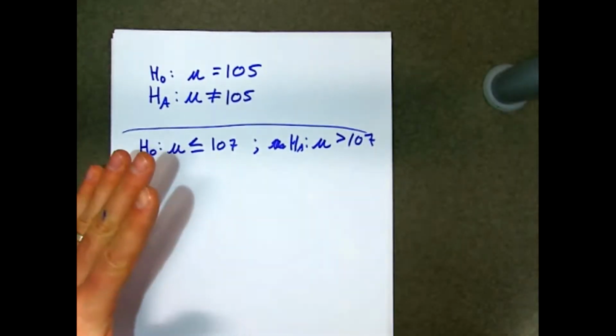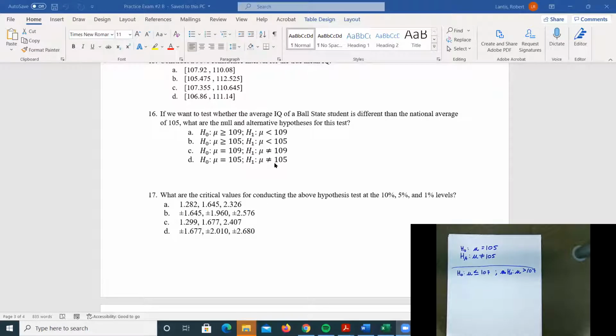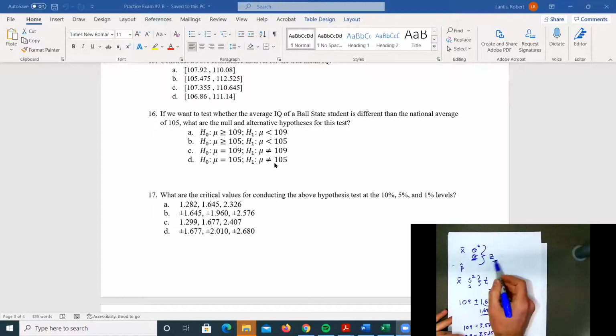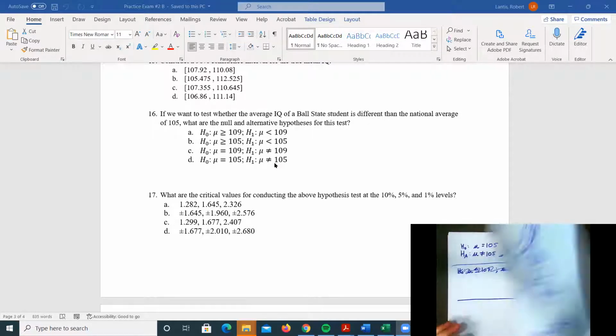Okay? But here on this practice exam, I kind of had the answers in a different document, so I don't have to do that. We can just keep using what the actual null and alternative was. So if I wanted to find critical values here, I've got a two-tailed test, and I had a known population standard deviation. So this was a situation where I can use that standard normal distribution. Okay?